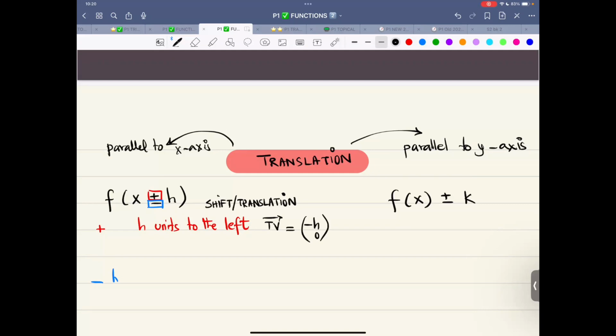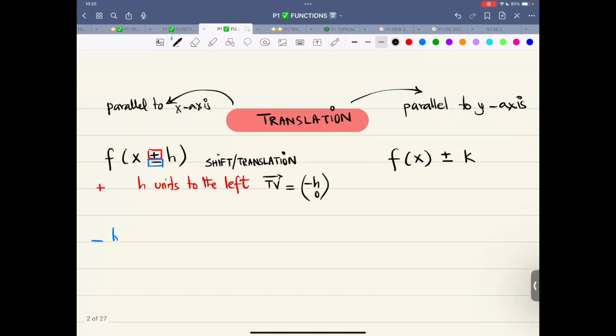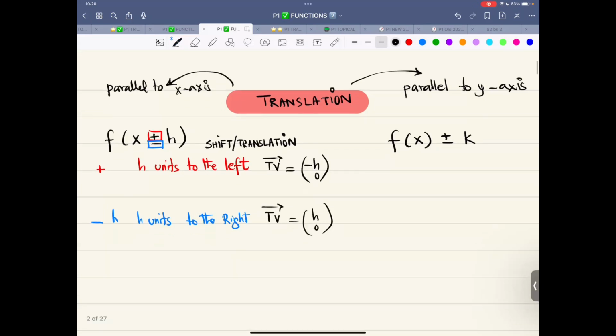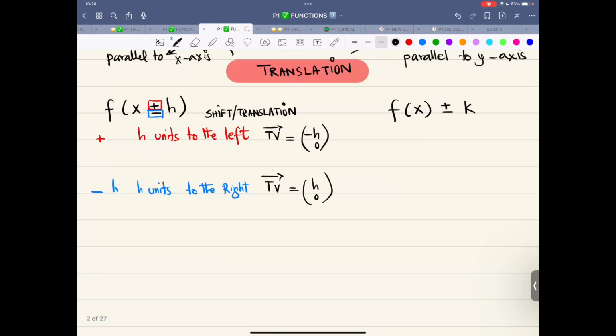It has an opposite effect. When we talk about negative h, it's a translation of h units to the right. And now the translation vector, TV stands for translation vector, is h and 0. So that is what I have written over here.